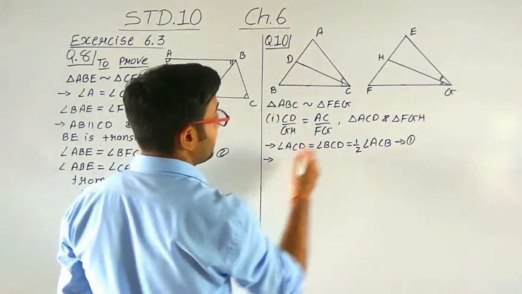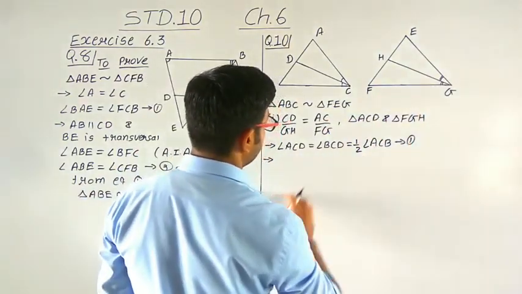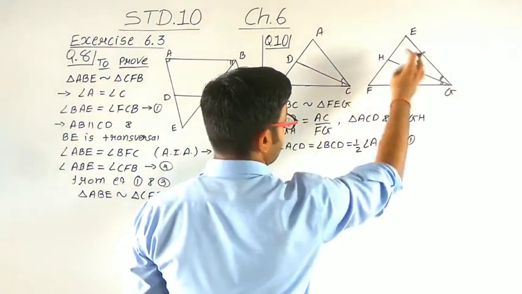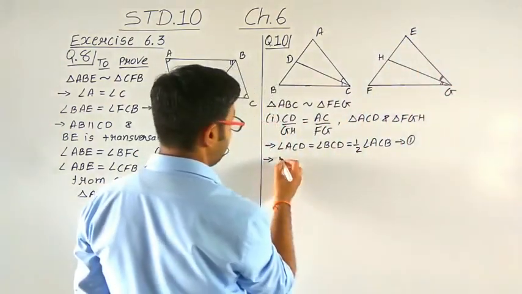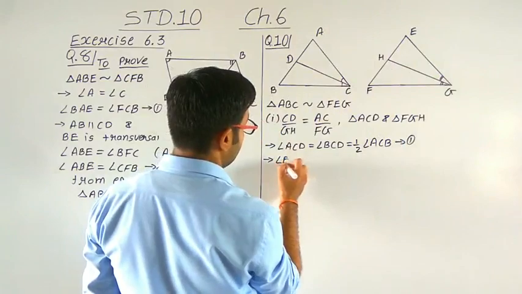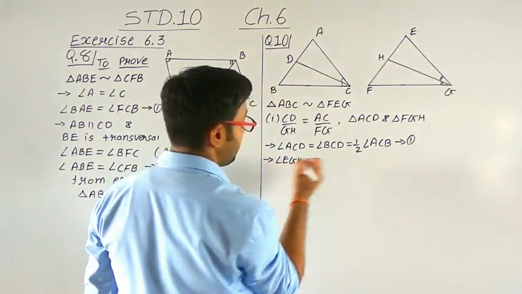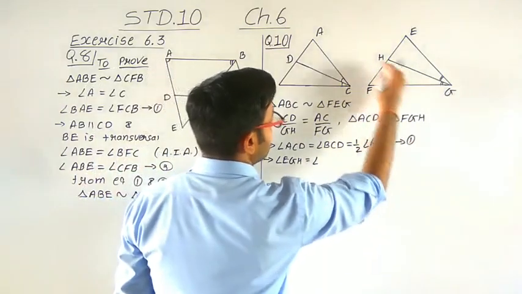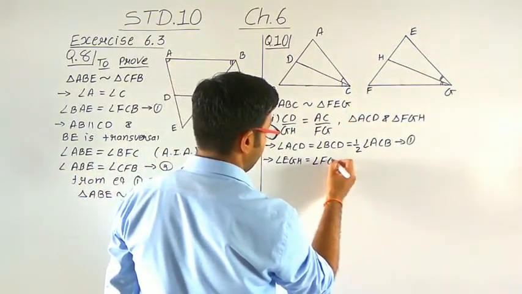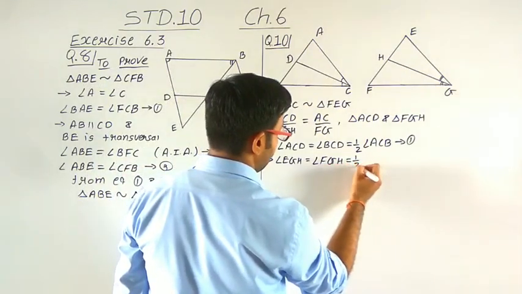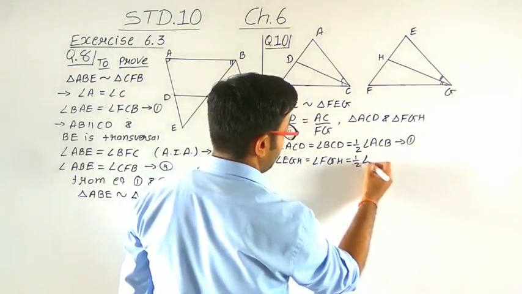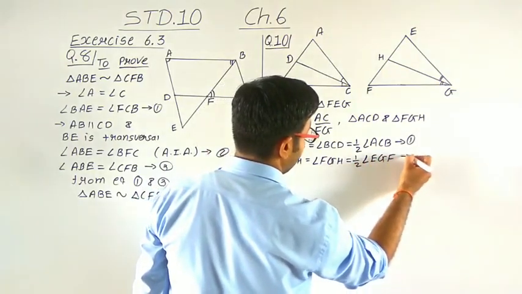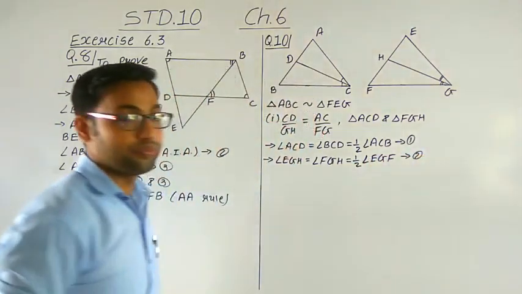In the same way, in this triangle also it is given that GH is the angle bisector of angle EGF. So we can write down that angle EGH will become equal to angle FGH, and both are equal to 1/2 of angle EGF. Give it equation number 2.